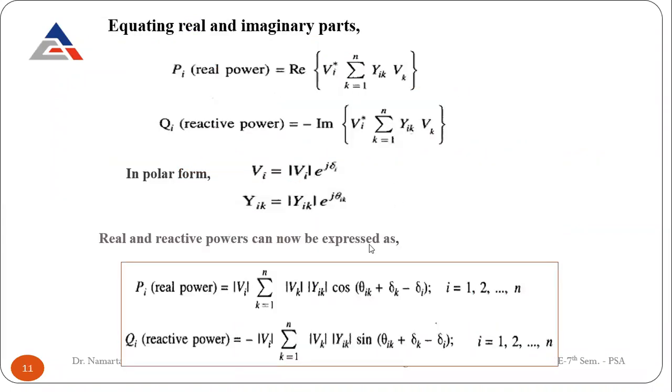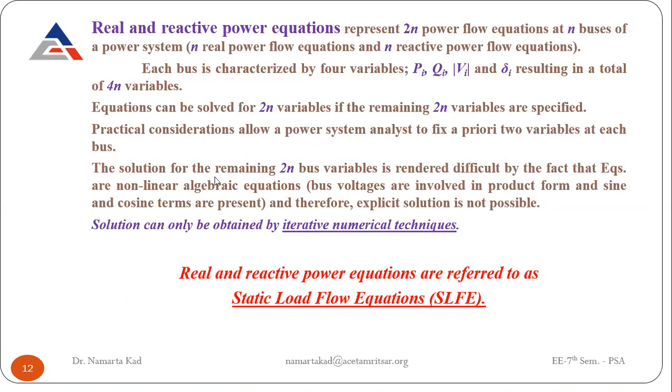So in these equations, V and delta are known, and only then can we find P and Q from those equations.